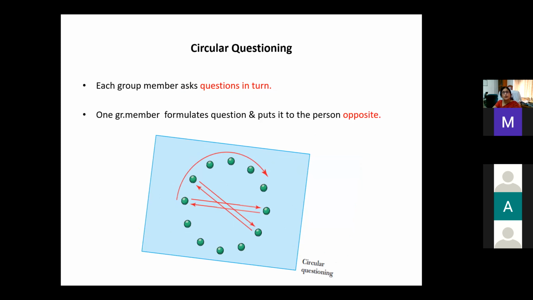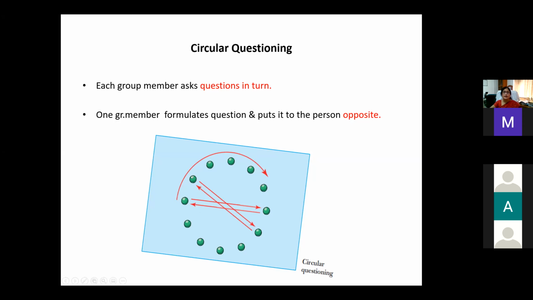Next is circular questioning. Now here, if you wish that each and every student should participate, should ask questions, should give answers, then this circular questioning type of format is very good. So here each member will formulate a question and throw it to the person who is sitting next to him, in front of him, and he will answer.